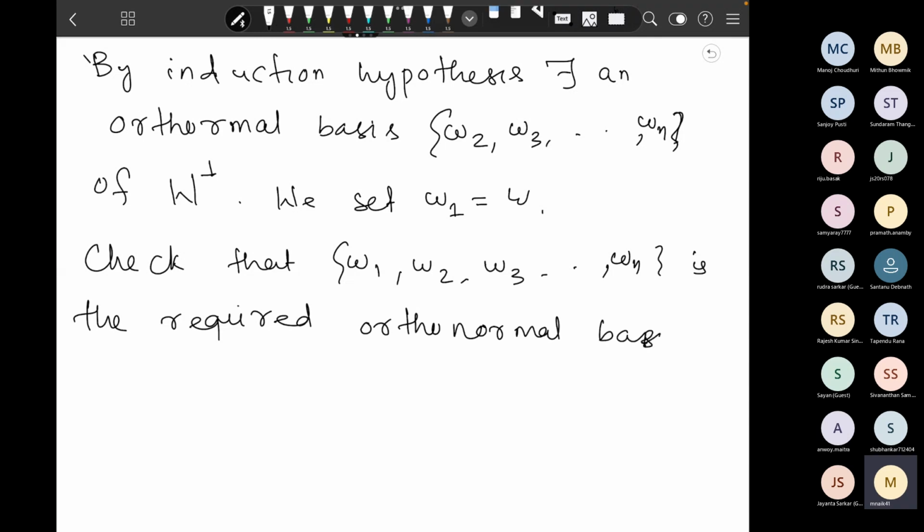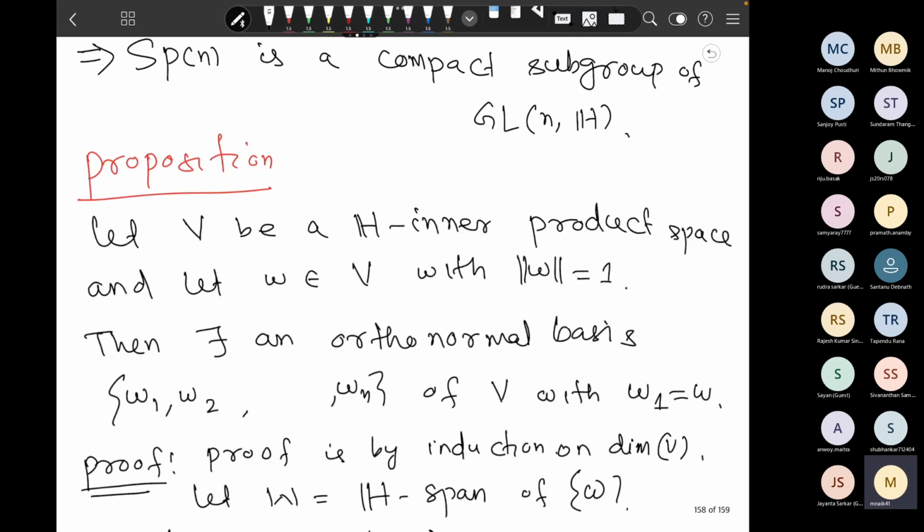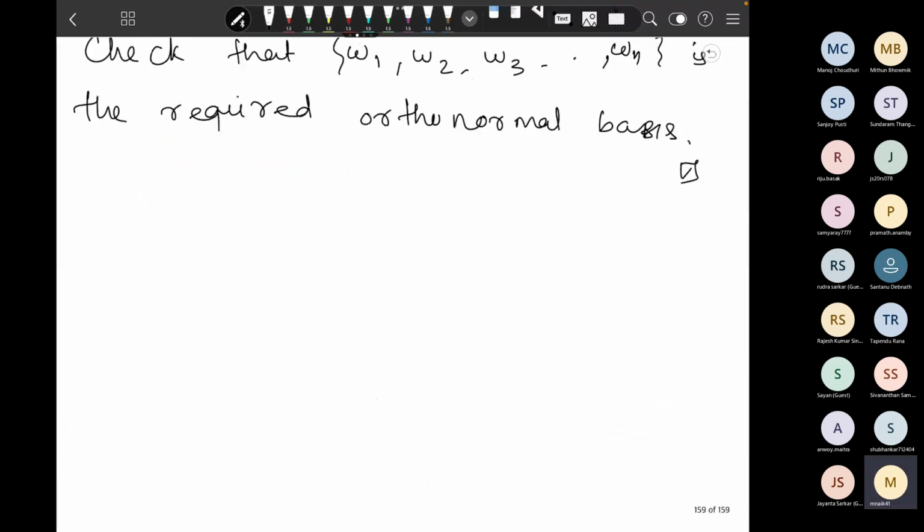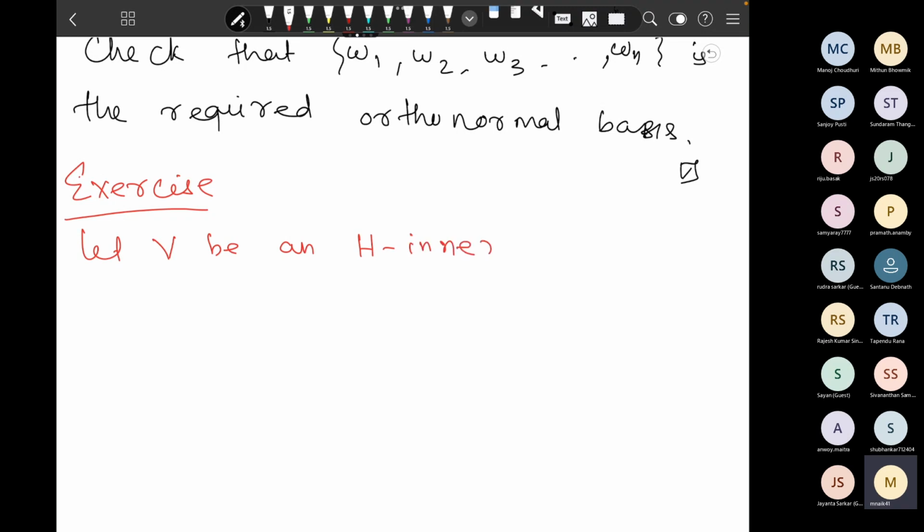So this is the thing. I can really extend this W to an orthonormal basis. That's all. Okay, exercise: let V be an H inner product space.